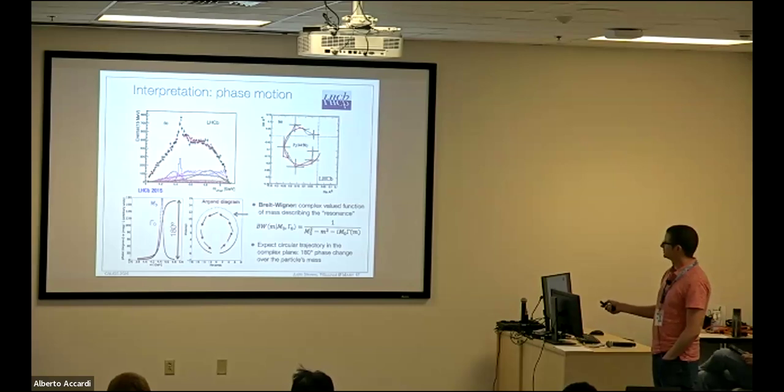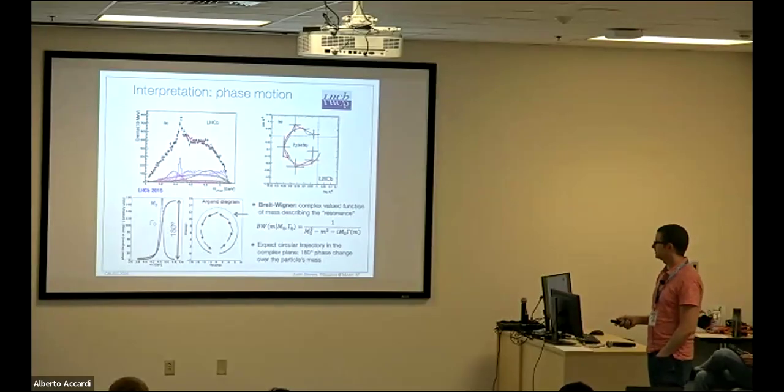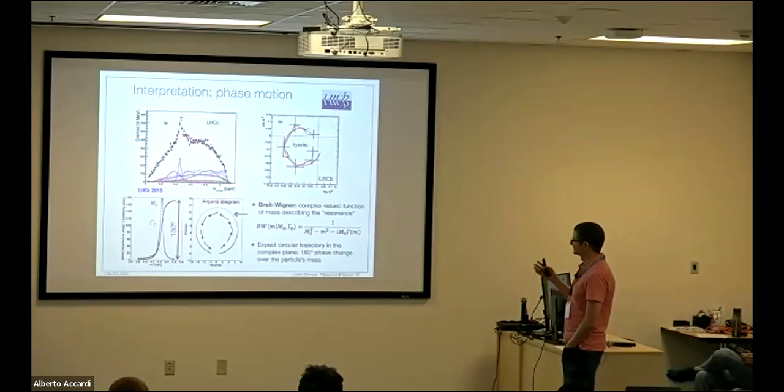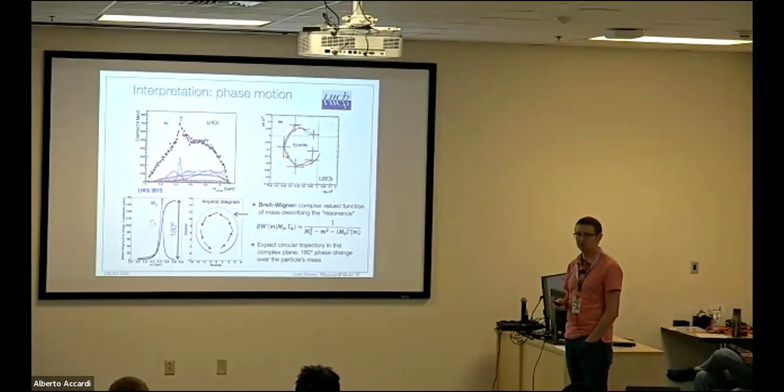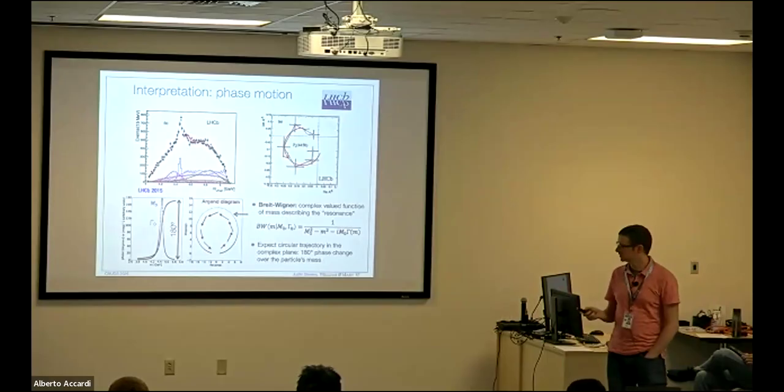This is an example from data where they measured at various points along the mass spectrum what the imaginary and real part of that amplitude was. And they see that it had this circular kind of shape in the complex plane. So this is an indication that this thing is a real resonant structure coming from this Breit-Wigner-like description of its line shape.